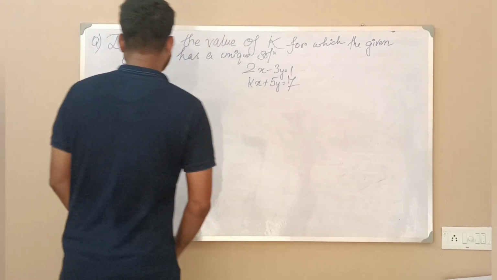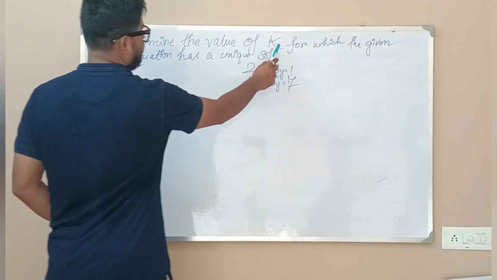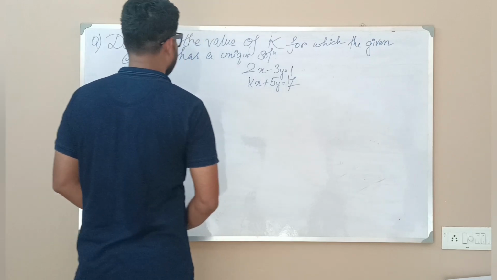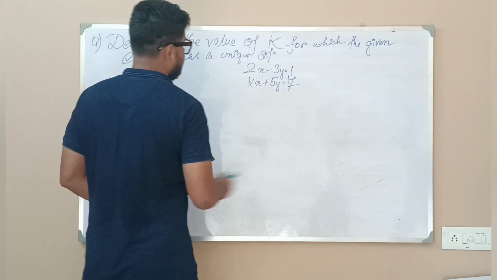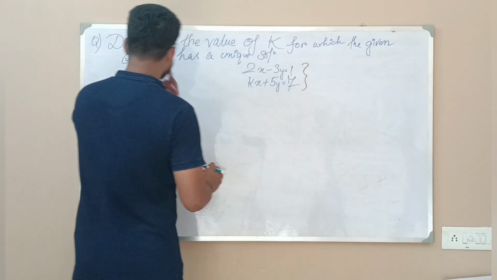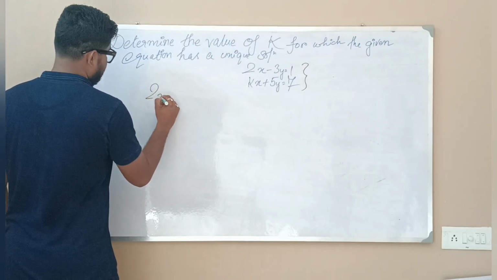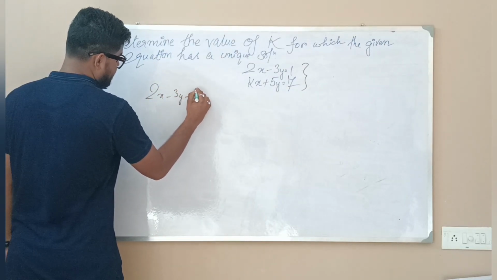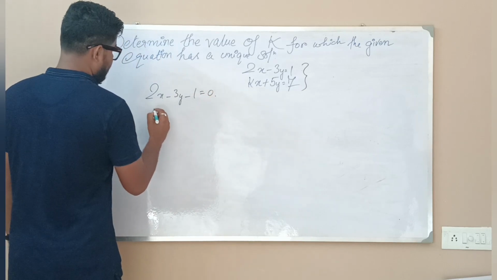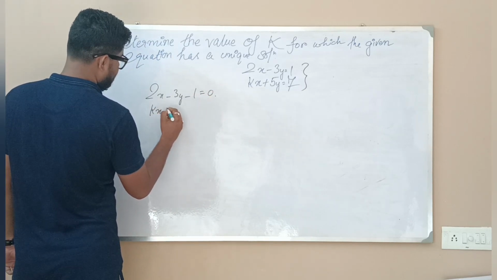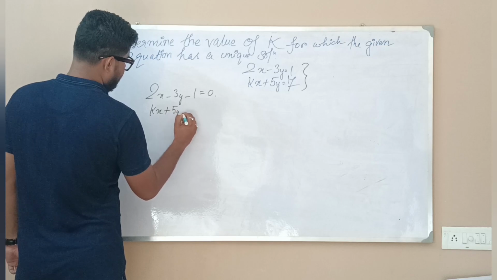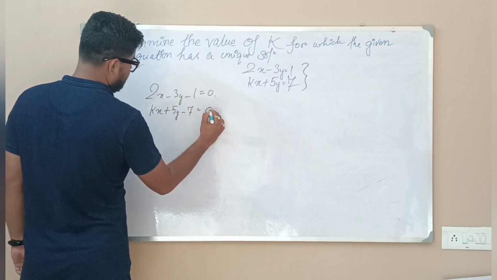Now, this sum is: determine the value of k for which the given equation has a unique solution. These are the two equations given to you: 2x minus 3y minus 1 equals 0 and kx plus 5y minus 7 equals 0.